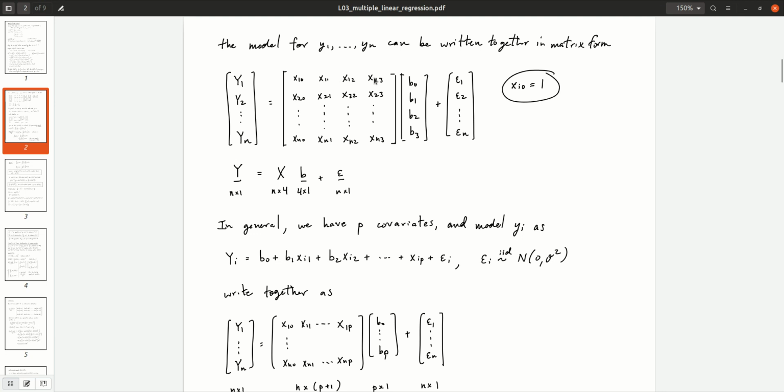And then what goes in the other columns are the other covariates. So the second column here is the first covariate for all the subjects. The third column is the second covariate for all the subjects. And the fourth column is the third covariate for all the subjects. Then that gets multiplied by the regression coefficients, B0, B1, B2, B3.